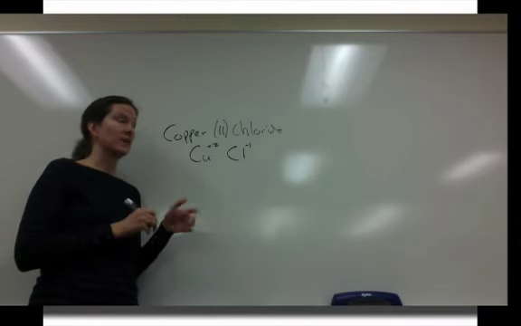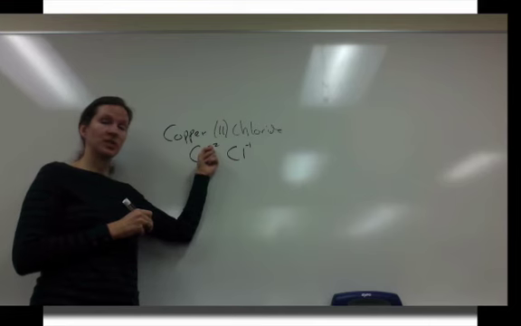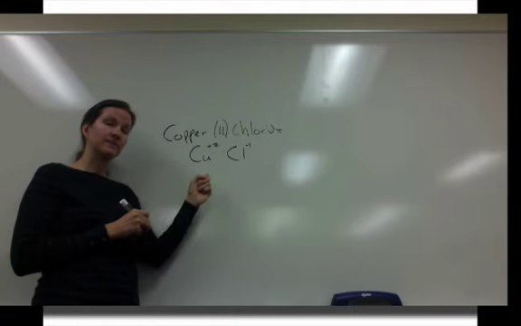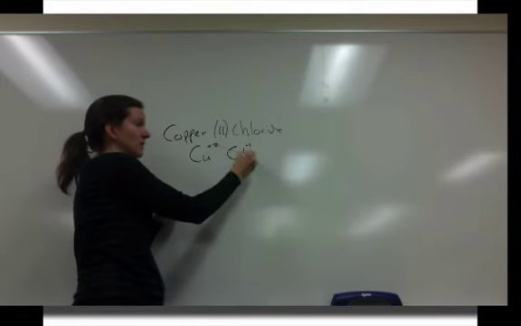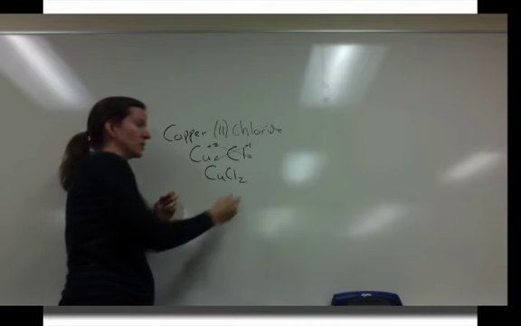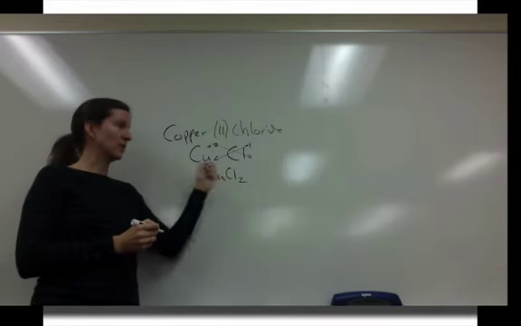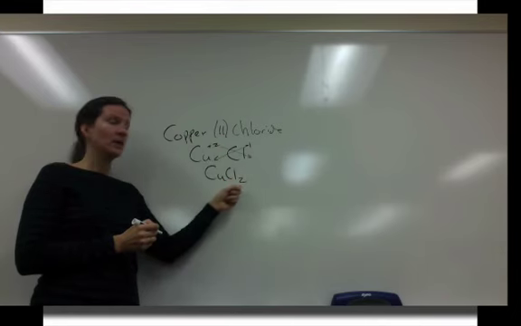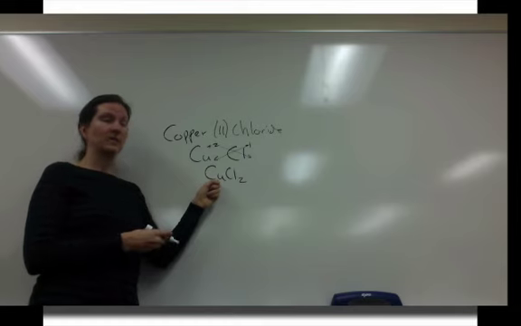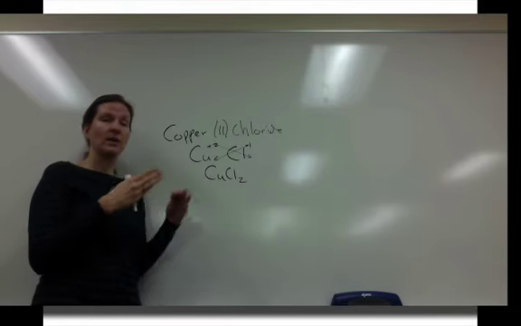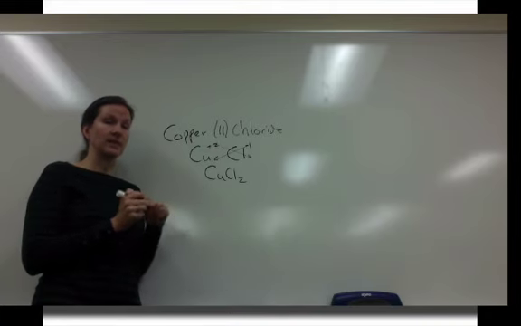Crisscrossing for ionic compounds means whatever the charge is on my first part always becomes the subscript on my second part, and vice versa. So if you crisscross this one, the final formula would be CuCl2. Again, noting that there are no final charges written, and when I crisscross, that charge becomes a subscript. You don't ever write a 1, so that's not present, and this is correct. This is the lowest common ratio of these two things as they come together.